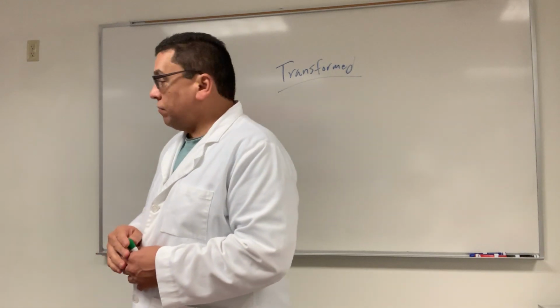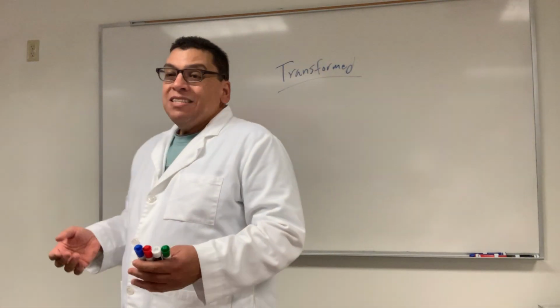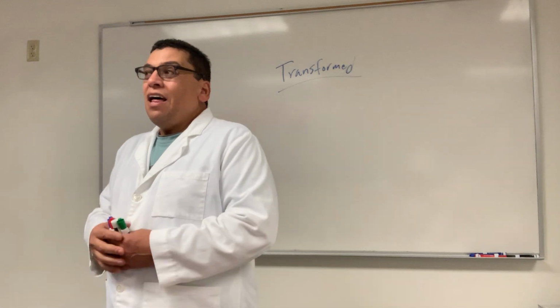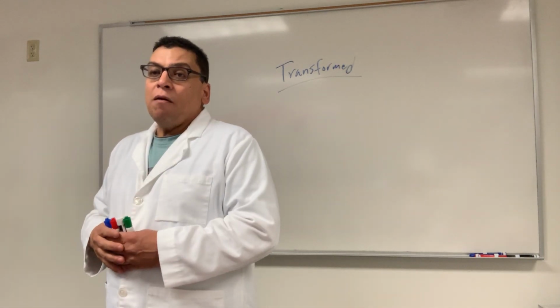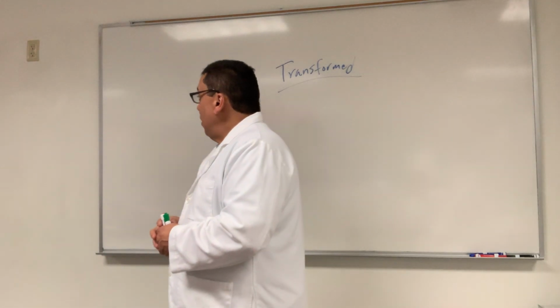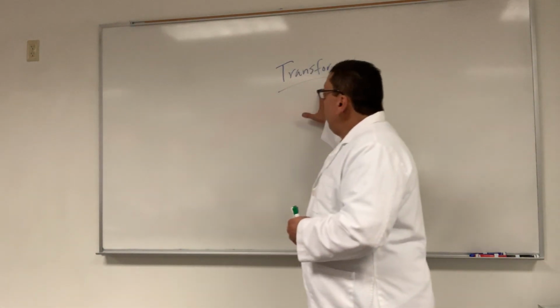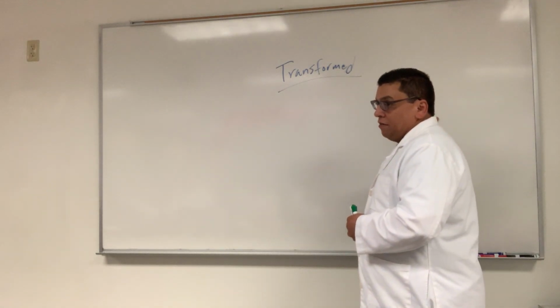Transformed cells. So what transformed about them? There's some kind of genetic defect that basically prevented them from regulating their cell cycle properly. There's so many different reasons behind that. But once they become transformed, they can become either benign or malignant. Okay?